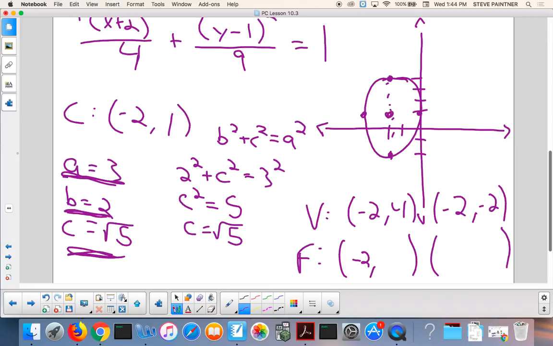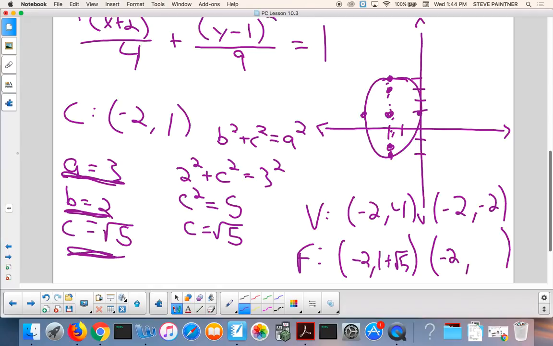So it would be -2, right? Because they're on this axis. And then 1 plus root 5. Because we're up here at the center. -2, 1, add root 5. There's a focus. At the center, down root 5. There's a focus.